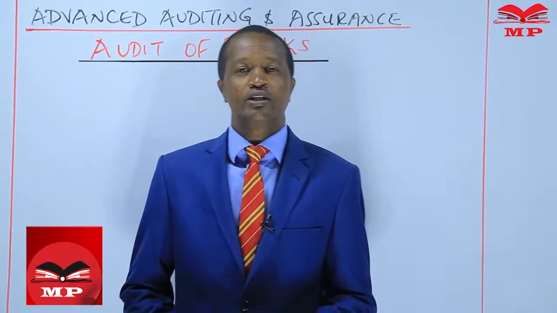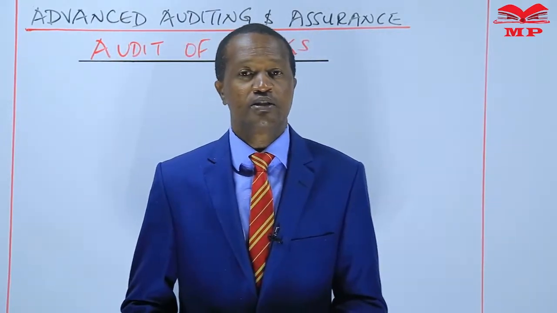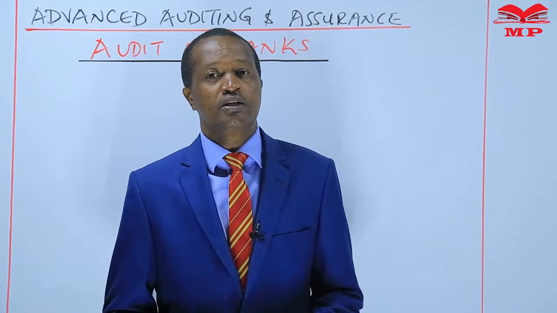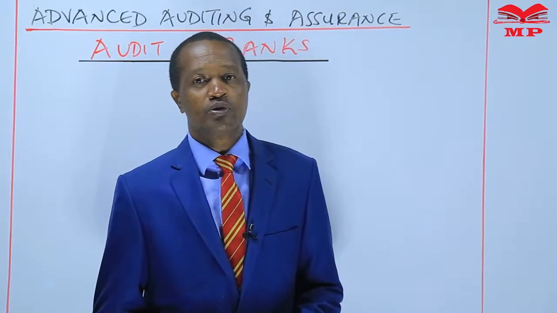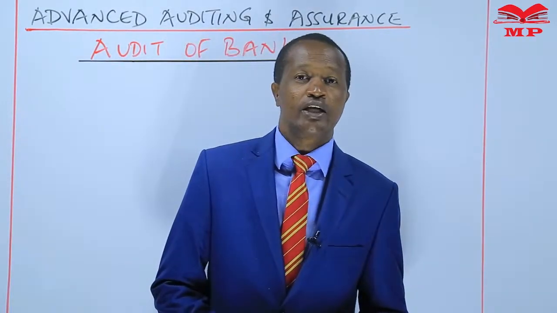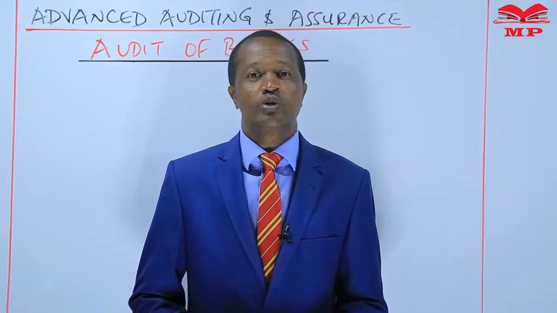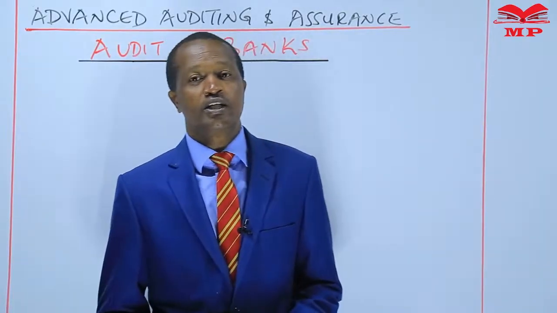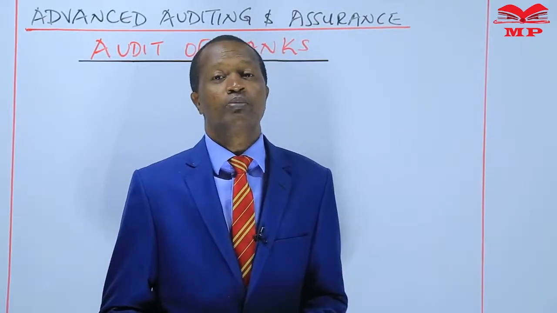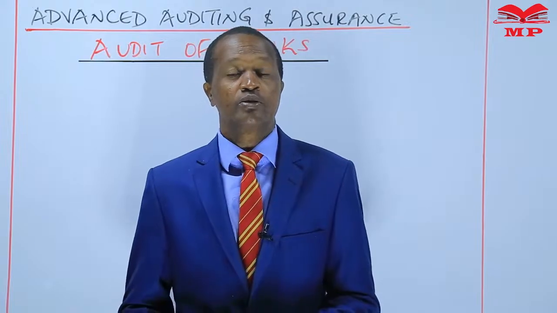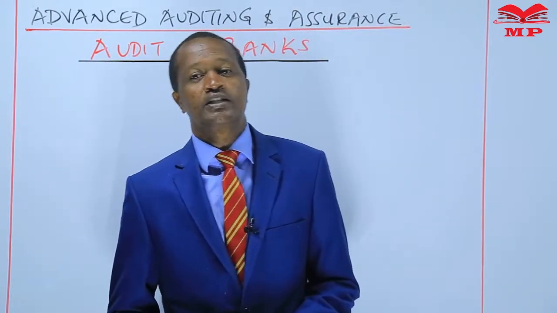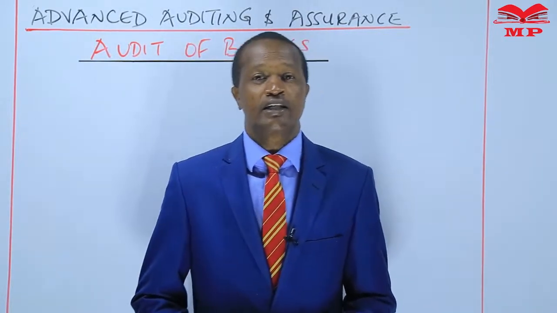To remind you, the general objective of the advanced auditing and assurance paper is to enable the candidates to gain knowledge and skills to undertake advanced audit and assurance engagements in compliance with regulatory frameworks and international auditing standards.